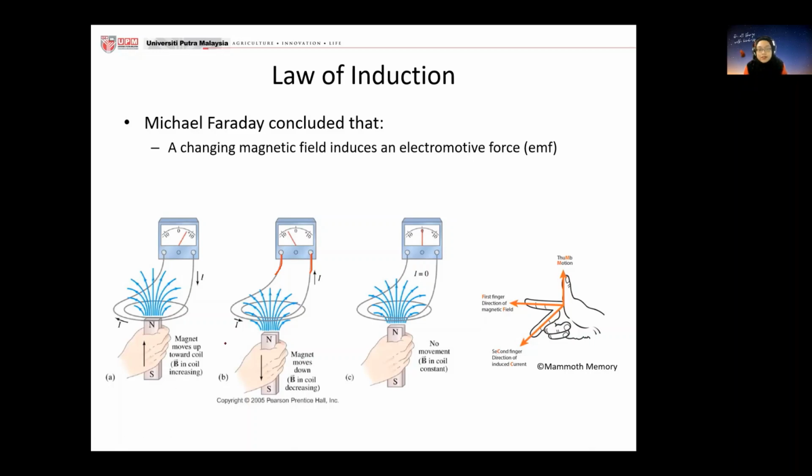So let's take a point here, right? Because it's very different at different points of the coil. So if you have something here, then movement upwards. For the magnetic field, because the north is there, you're gonna have something like that. Okay.